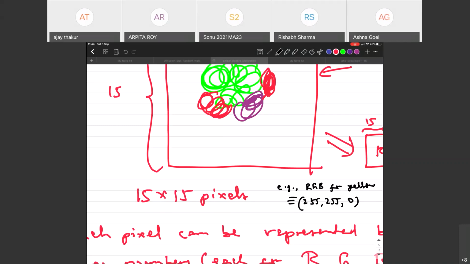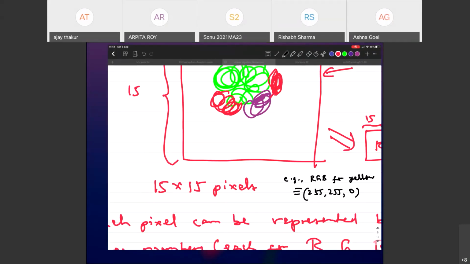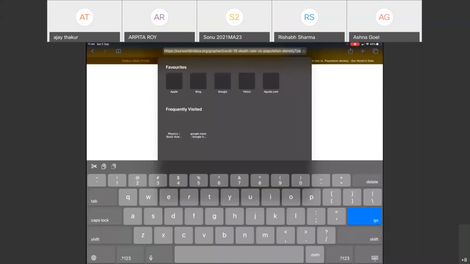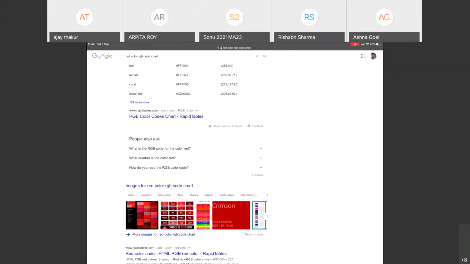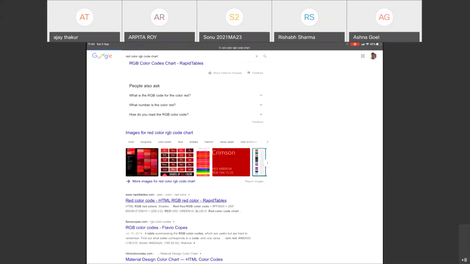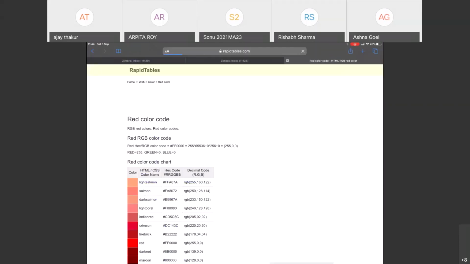Let me just show you a red color code chart. Let me share that. You will find an RGB code chart, a rapid table.